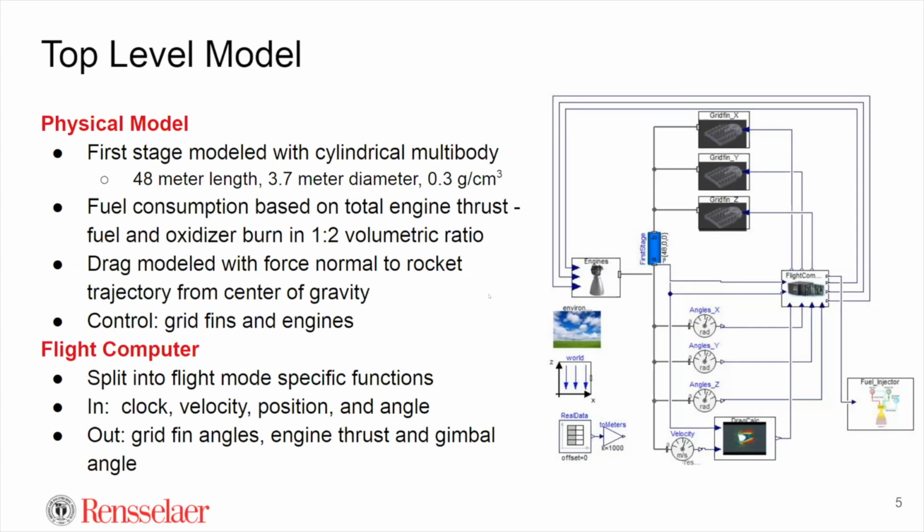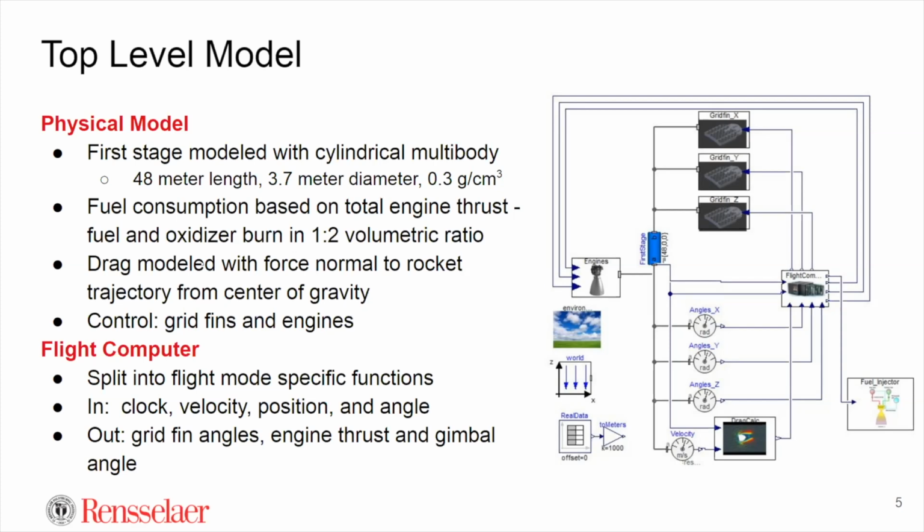So fuel consumption is modeled over here in the lower right, the fuel injector. And that's consuming both fuel and oxidizer in this 1-to-2 volumetric ratio. So over time, the mass of the rocket, or the density, would decrease.